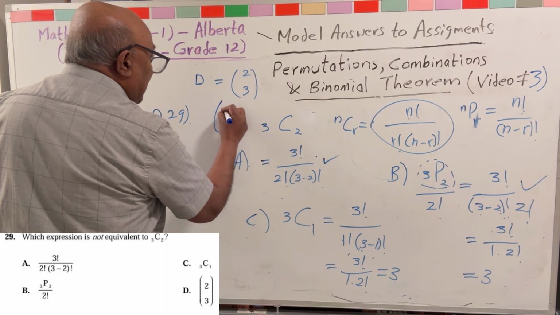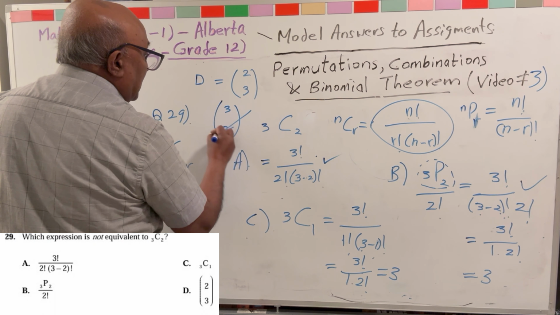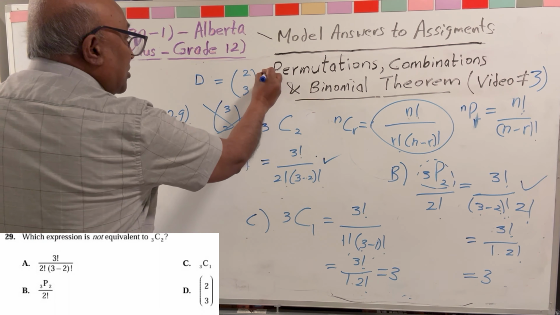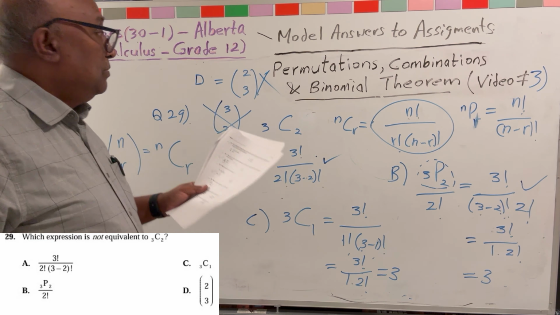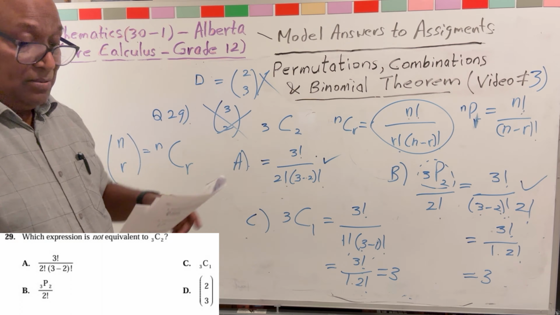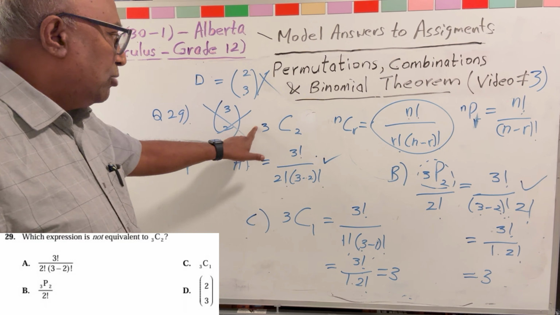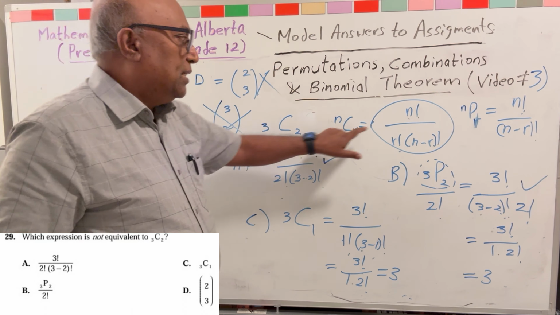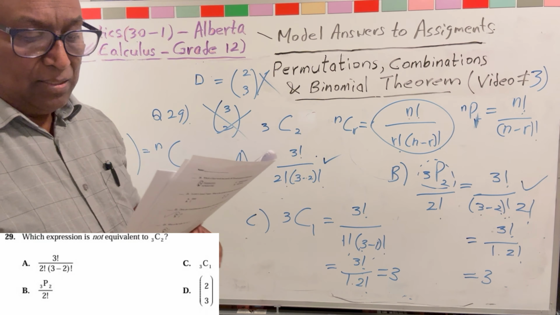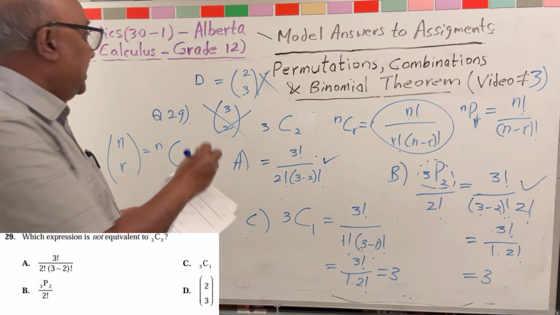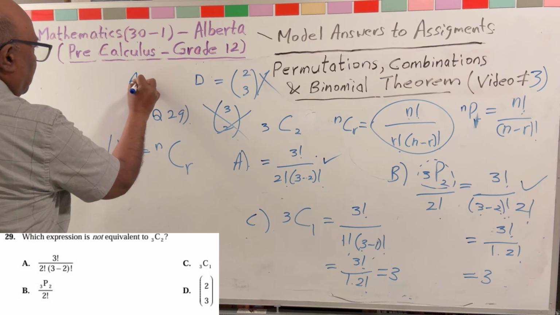If this were 3, 2, that is right. If this is like this, that is wrong, because n cannot be less than r. That means this answer is not equivalent to this. All other 3 answers are equivalent to this. That means the right answer is D. Answer is D.